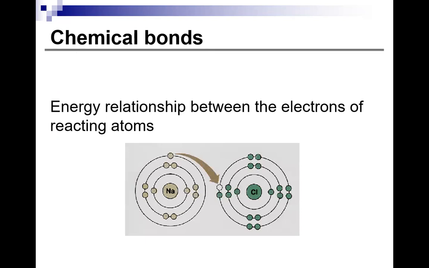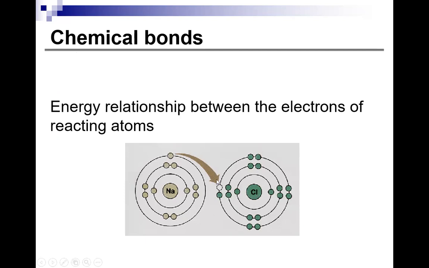So when we look at these, whether you're looking at an ionic bond or a covalent bond, or even a hydrogen bond, it all has to do with energy relationships between the electrons of atoms that are in close proximity of each other. So here, this right here is showing sodium and chlorine.